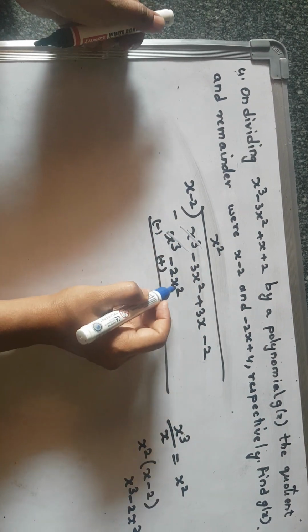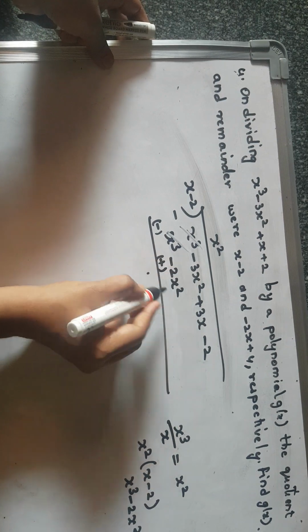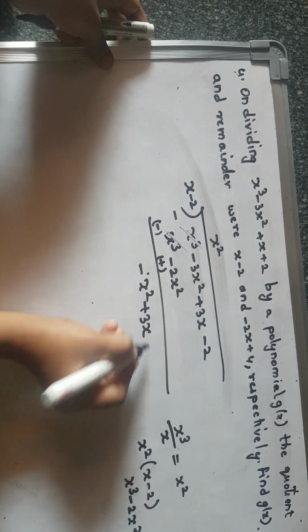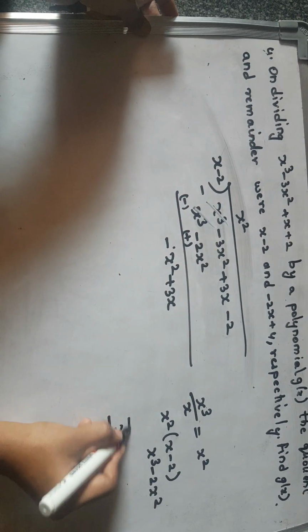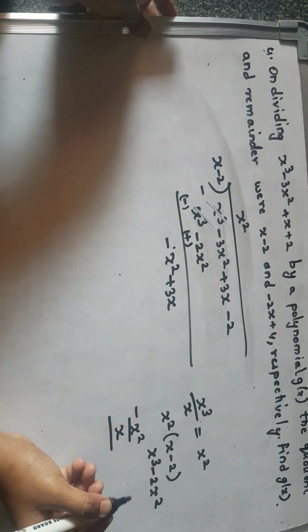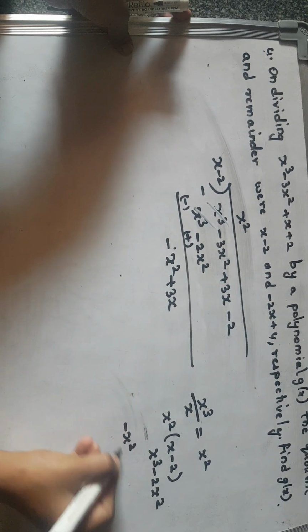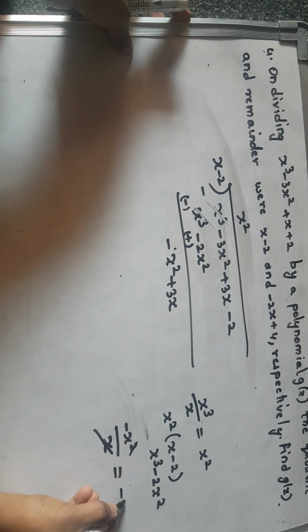This value becomes minus 3 plus 2, minus x square. Now bring down plus 3x. Again, minus x square divided by x gives minus x.